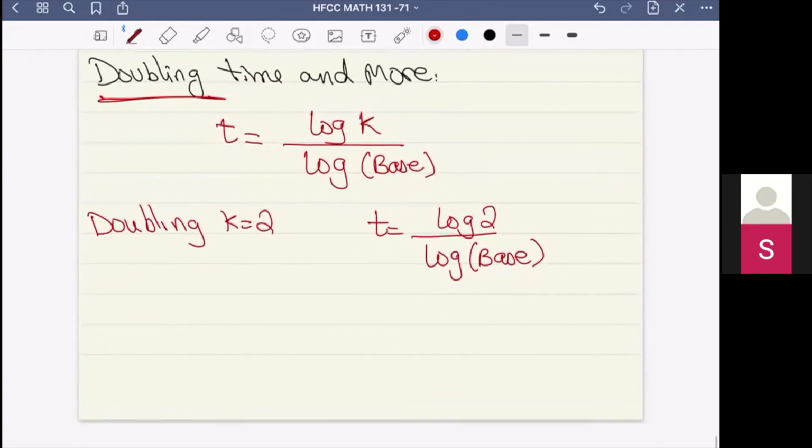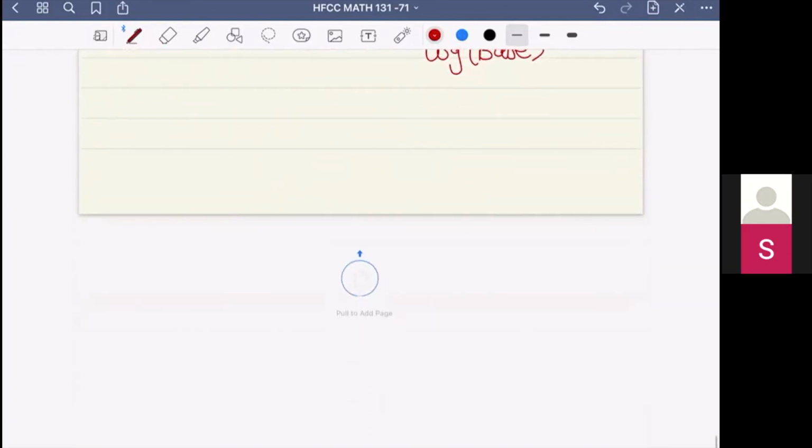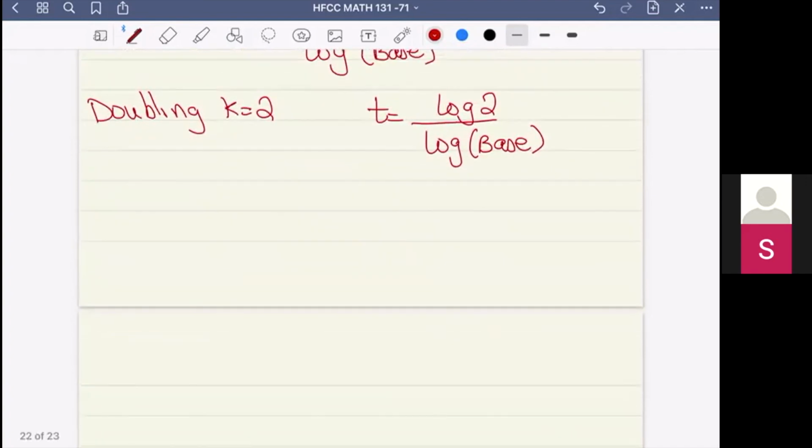For example, let's say you are given, suppose you have an investment, you're investing in houses, and your growth is growing by 5%.